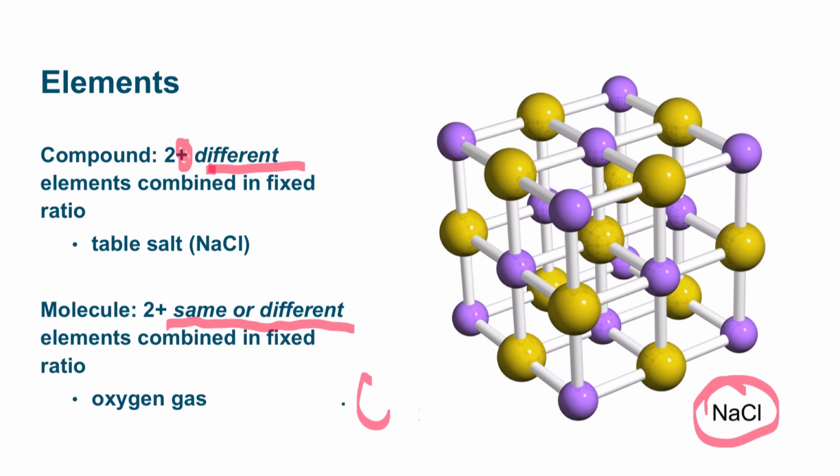So oxygen gas is a great example of a molecule. It's just two oxygen atoms floating around together in the atmosphere. So a molecule can be the same or different atoms, but a compound is two or more different atoms. So every compound is a molecule, but not every molecule is a compound.